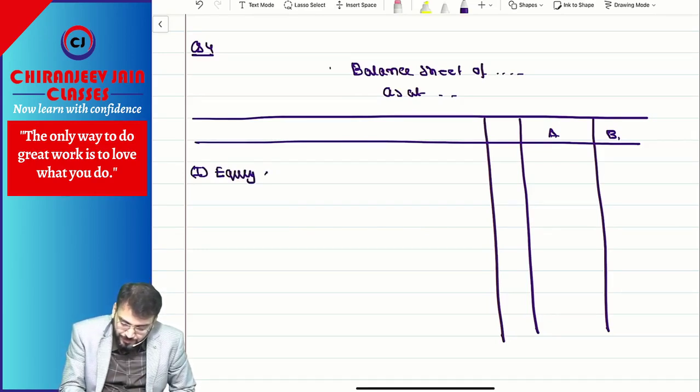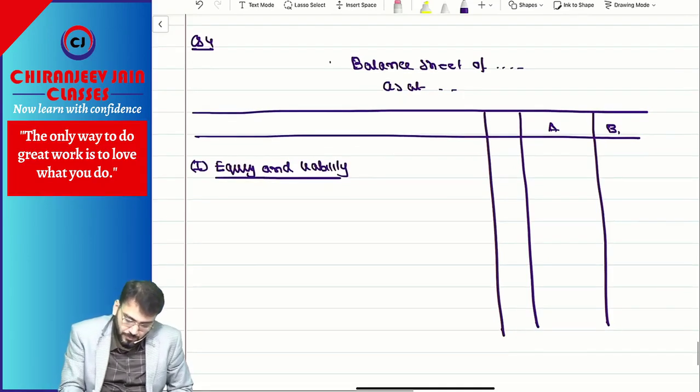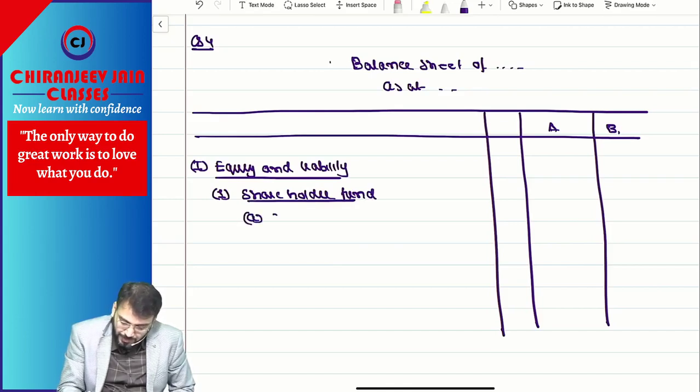Equity and liabilities. Point number 1 is what? Shareholders' funds. Point number A is what? Share capital.